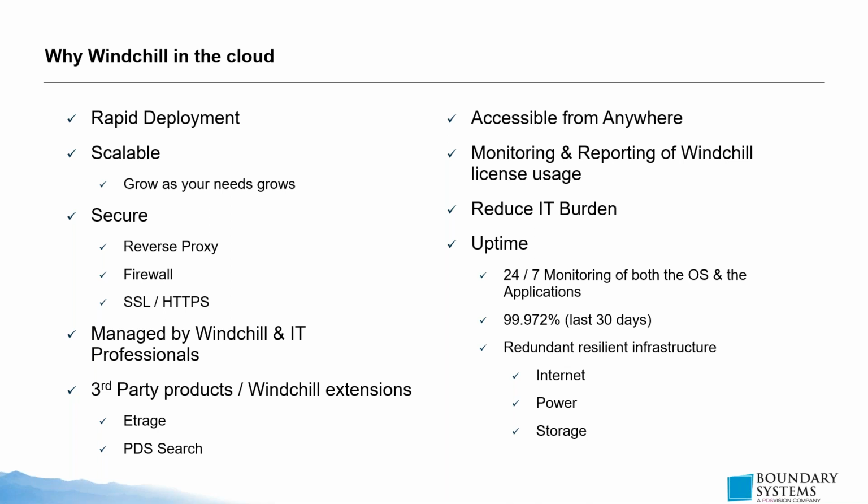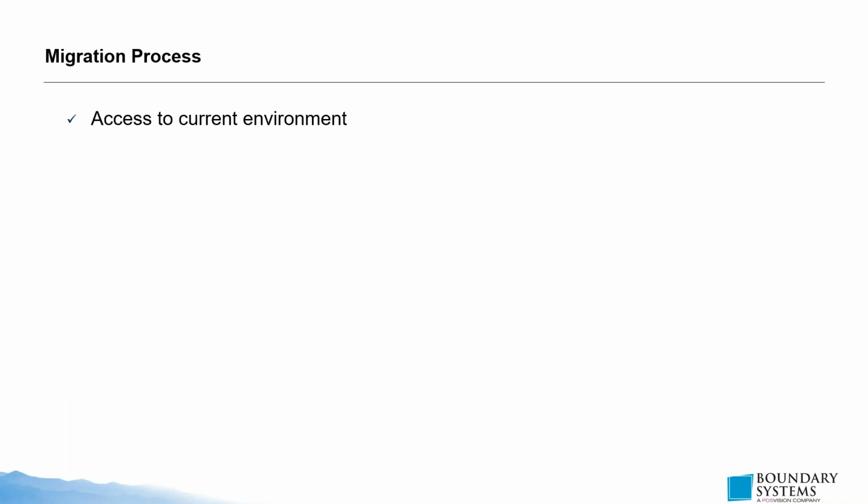One is to install our own remote agent on that Windchill server and access it directly from our side, or to export the data from the server and copy it over to our cloud side. We export all the required data and configurations: your database, the vault, and any custom configurations you have.